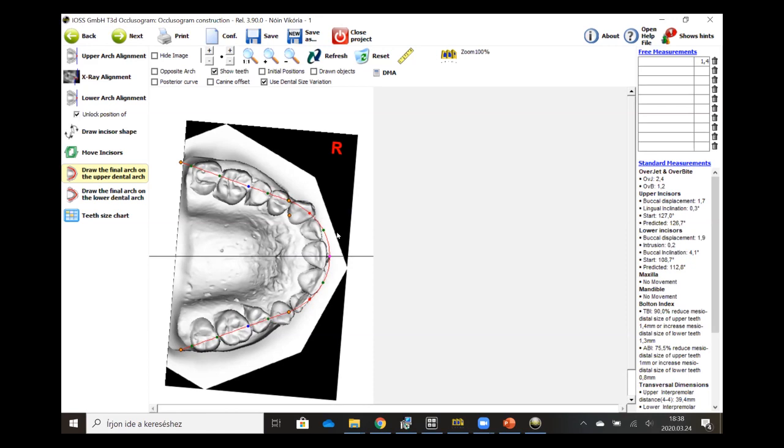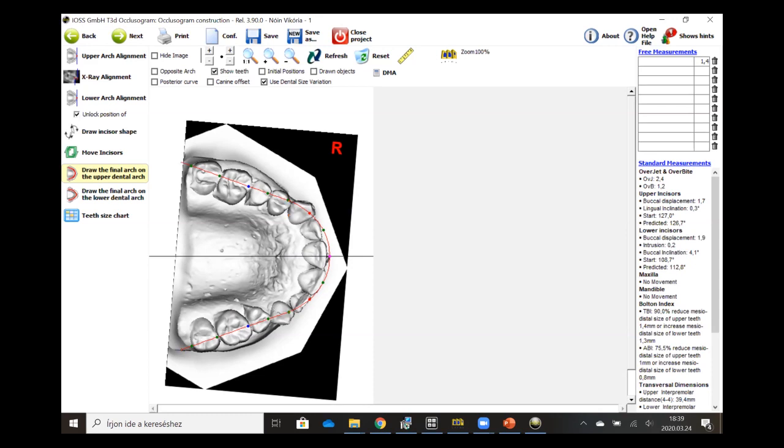Now, in this arch you have a lot of good references. The first molars are actually not moving, and the premolars on the right side have to have a minimal expansion. Also the second premolar on the left side needs expansion and rotation.